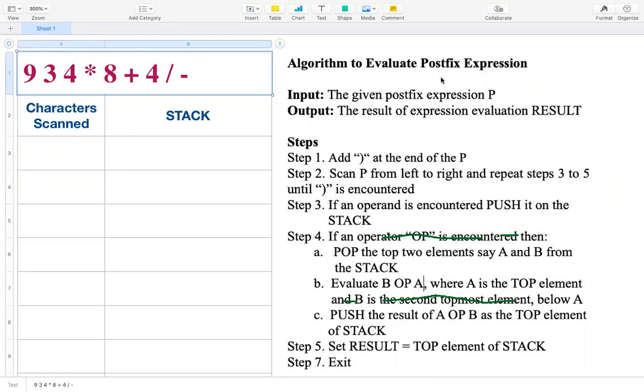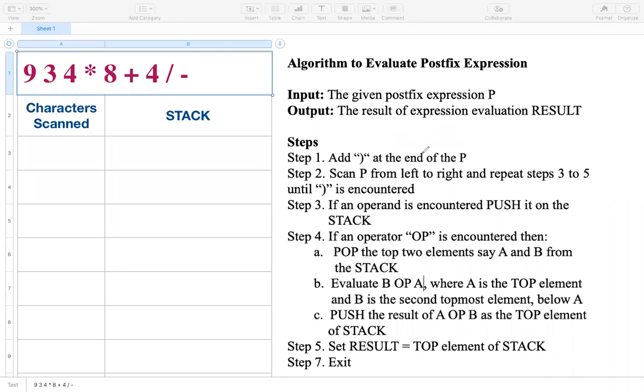Now, what is the algorithm for evaluating a postfix expression? The input will naturally be the postfix expression which I am having, and the result of the expression will be the output of this program.